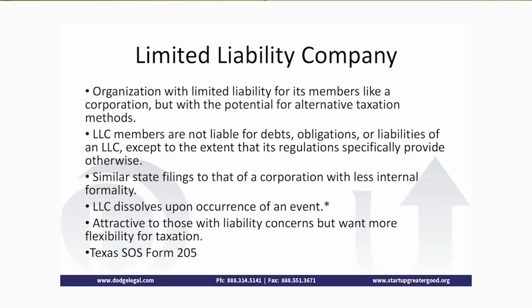Oh, sorry. The other most popular choice is the limited liability company, which is like a corporation. It gives you limited liability, but it gives you much more flexibility in terms of taxation. It's very similar to a corporation, which provides really good protection, but there's a little less internal formality, and all that really means is you don't have to do an annual meeting with minutes.